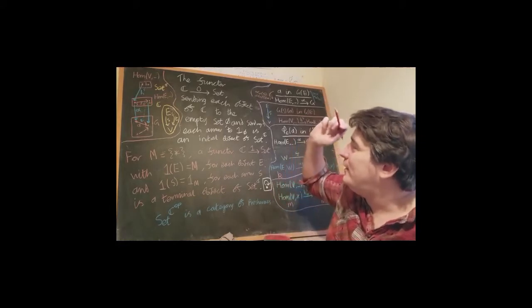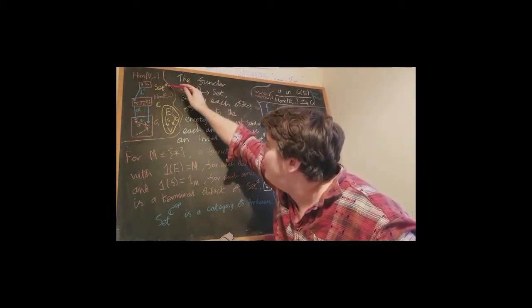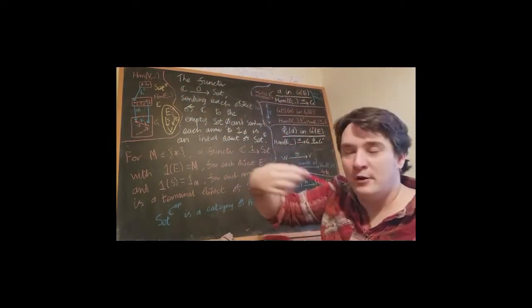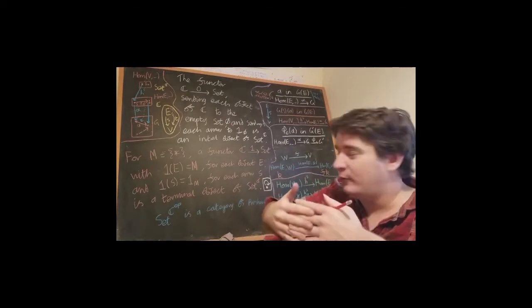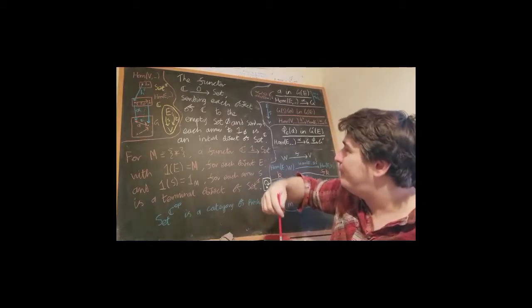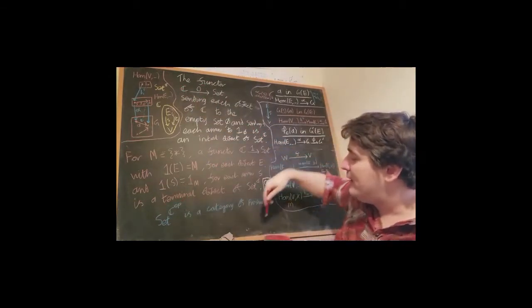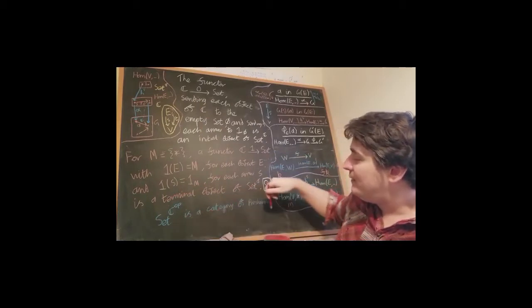Okay, we're interested in these categories of functors from C to set. Now, for some reasons to do with making coherent connections with other subjects, people tend to look at these things from a different perspective. They like to look at these so-called presheaves.